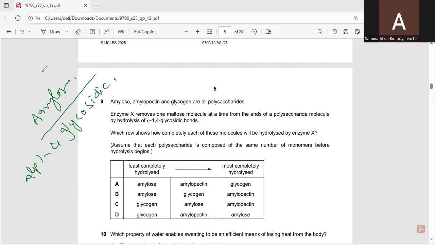Amylopectin is branched, in which both 1,4 and 1,6 types of glycosidic bonds are present. Whereas glycogen is highly branched.